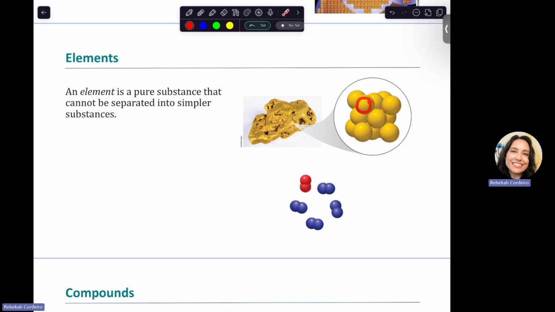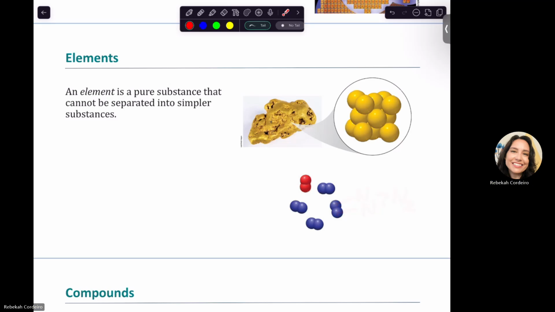Sometimes elements exist as just a bunch of atoms put together, and sometimes elements exist as molecules. Like this is an example of two oxygens put together, and we would write it as O2. Now, this is still an element, oxygen, but it's just a molecule. I think they probably meant this one to be blue to show the example here. But this one is an element of nitrogen, two nitrogens put together, we would say N2 because nitrogen exists as a molecule.